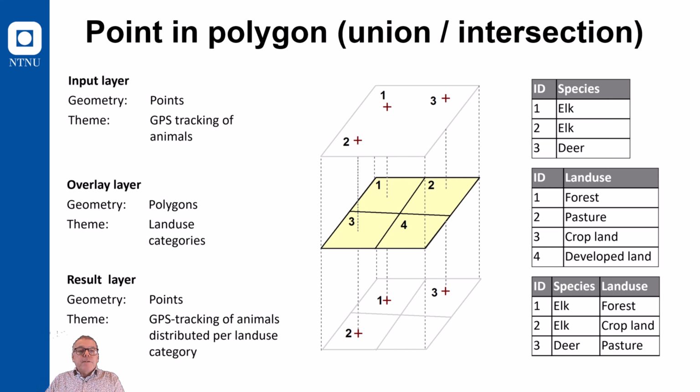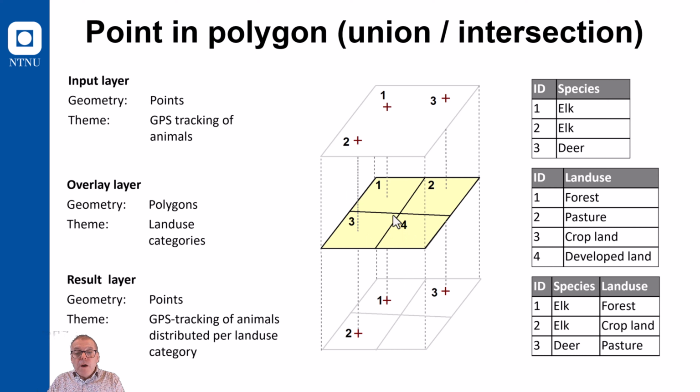One principle is that whenever you combine points with polygons using union or intersection, it is the input having the lowest geometry, and this is points, having 0 dimension because they have no length and no area, which is then the output. So the result here is a point layer having the same GPS trackings, but also the information on what is the land use which this species was occupying.